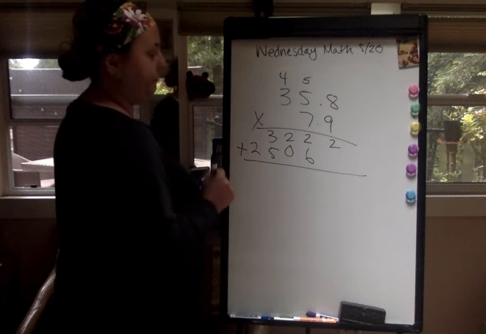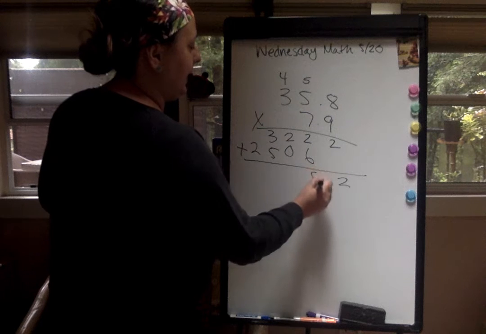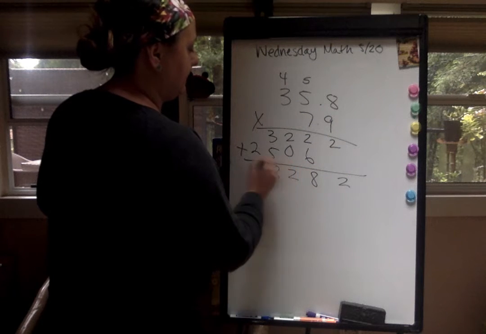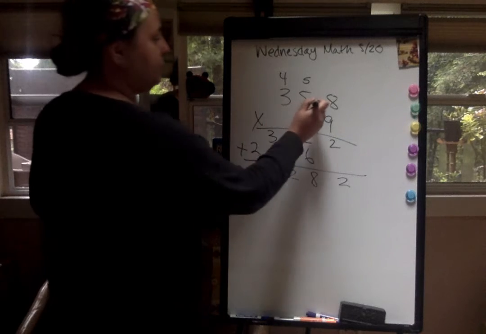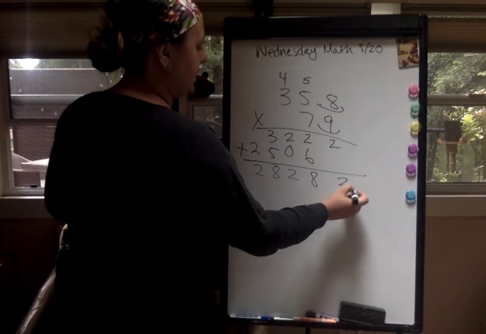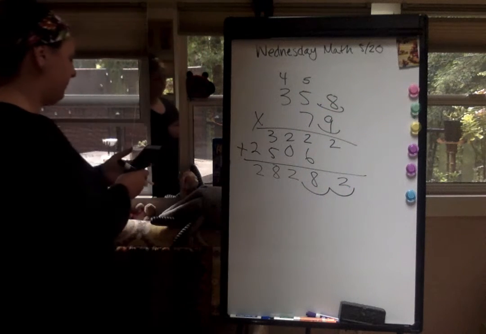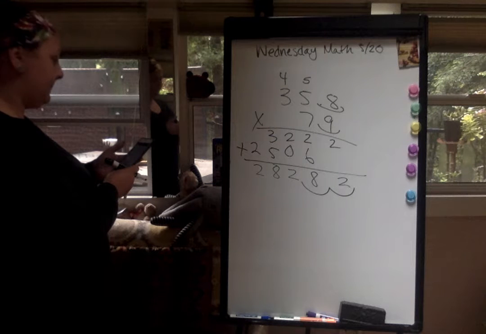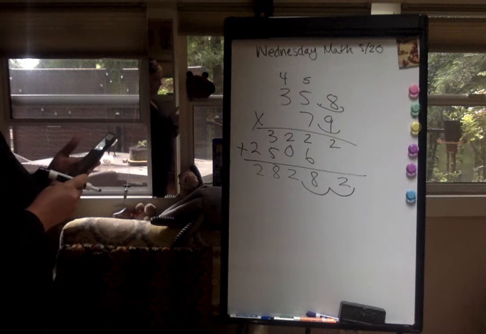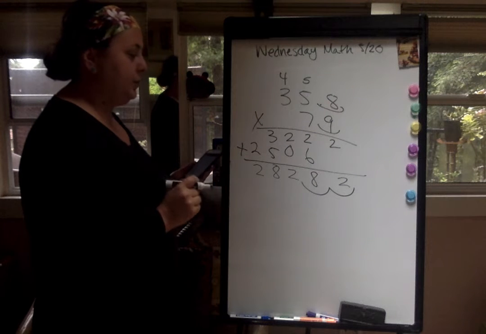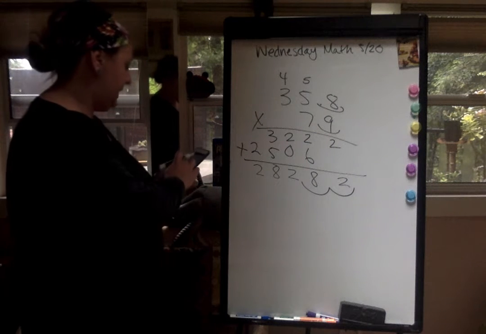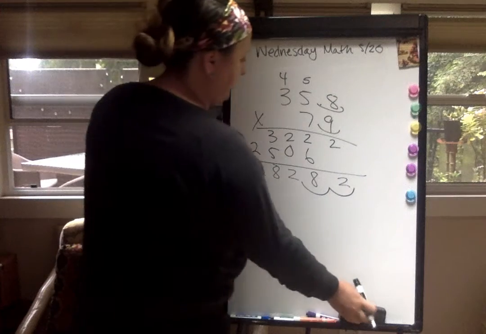Add them up. Now, we've got 2 places to the decimal point, so we're going to come over 1, 2. So your answer is 304.15. Easy peasy, lemon squeezy.